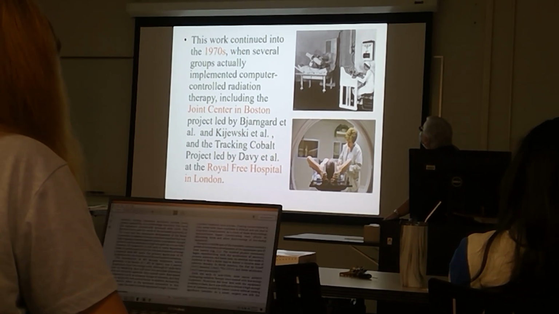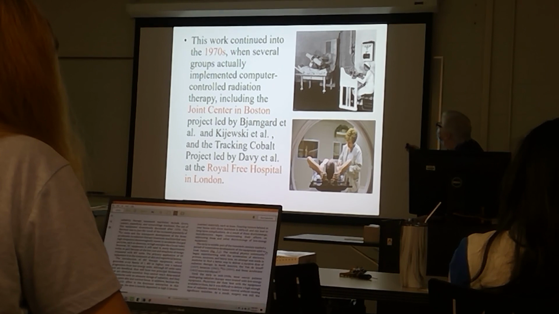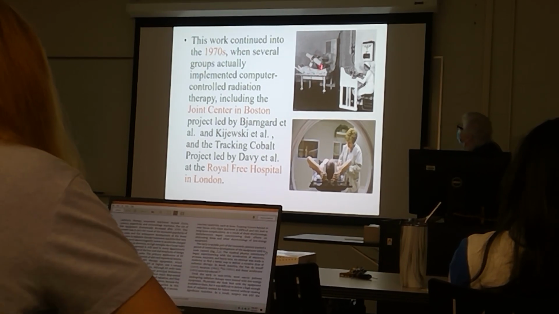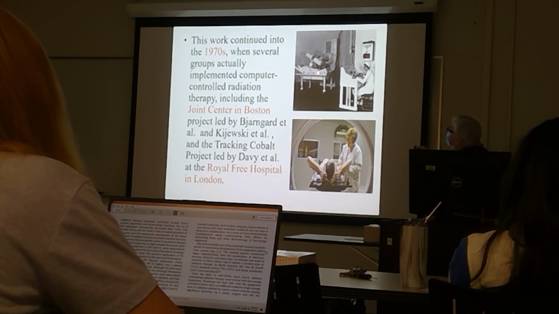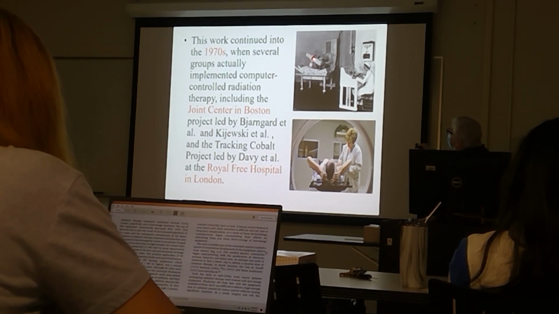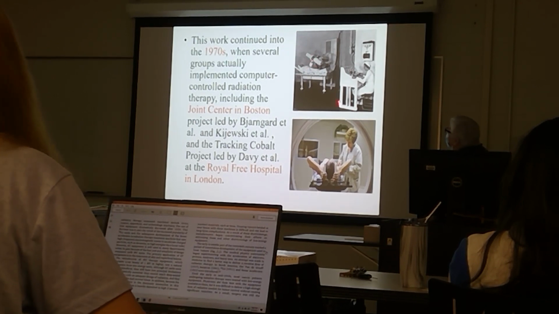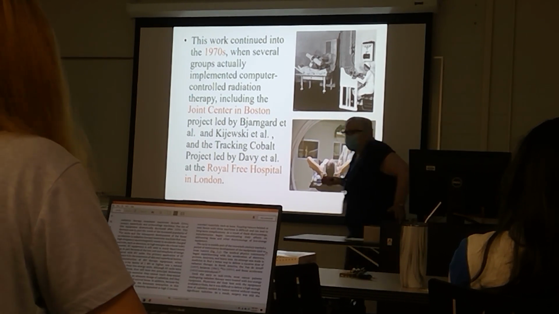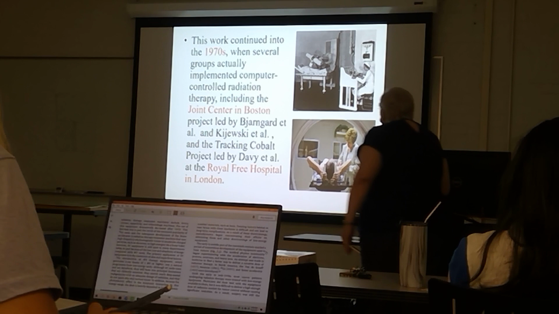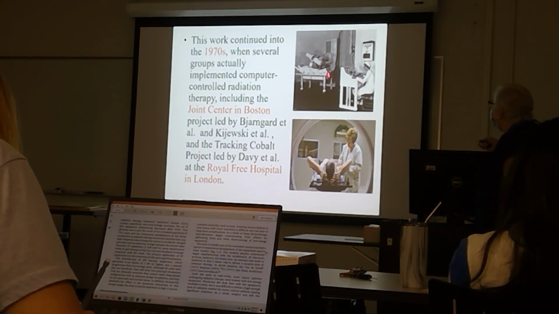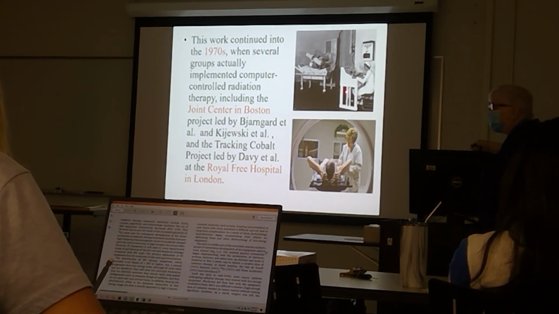This looks like something that came out of the ark, but this is an orthovoltage machine. Now, even when I was training, and that was the late 60s, we never did this. We never were in the room with the patient.